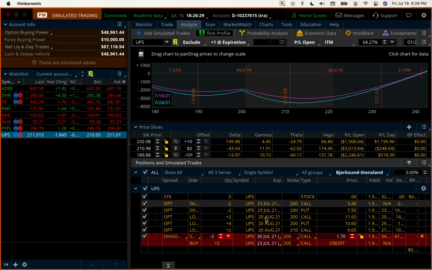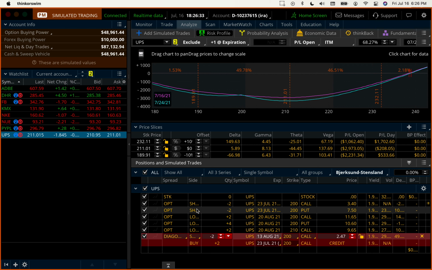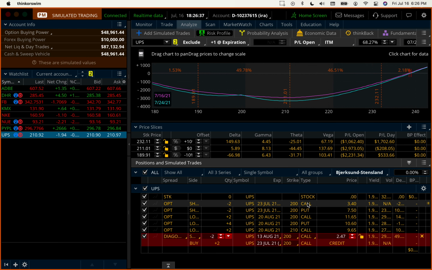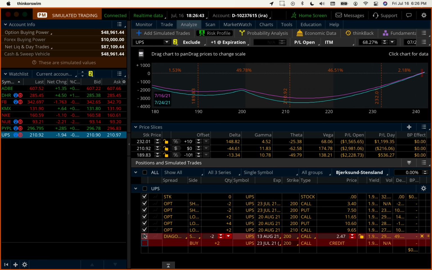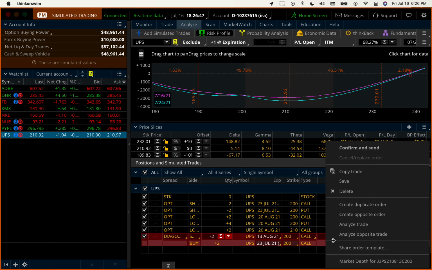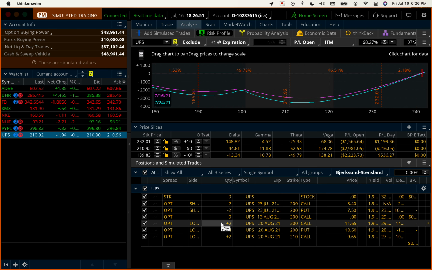So analyze rolling, and we're going to go to August the 13th. And there it is. Right. So that neutralizes my deltas from minus 44 to plus 5. That looks great. That's the kind of thing I want to do. And confirm and send.